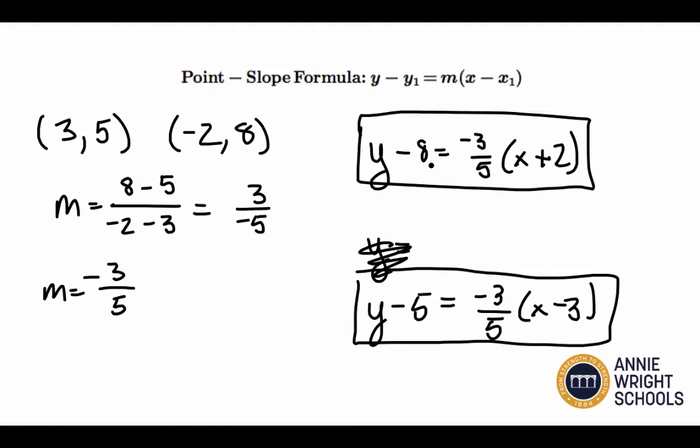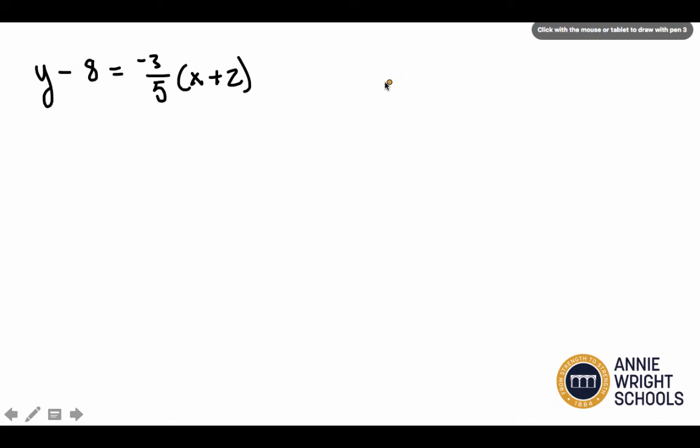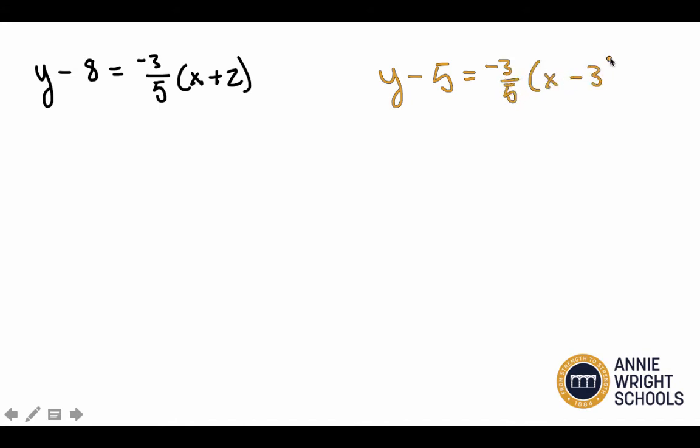So let me just kind of check these out, and here we go. I'll write these down. We should have the equation y minus 8 equals -3/5 times x plus 2. And that should be the same equation as y minus 5 equals -3/5 times x minus 3.